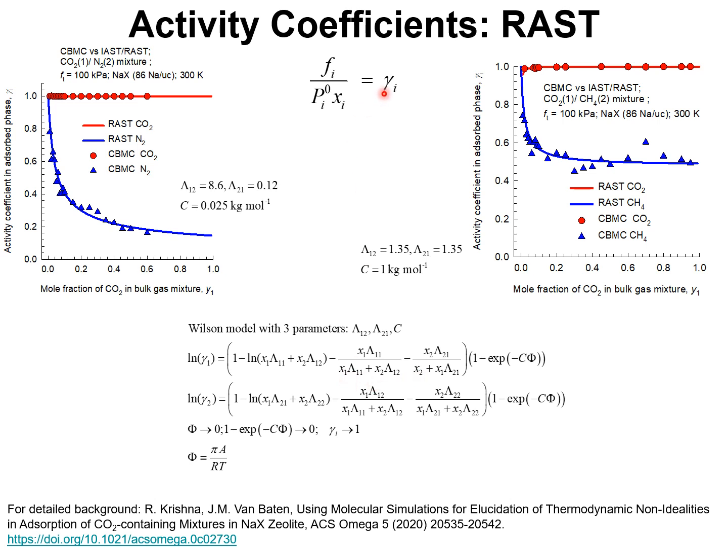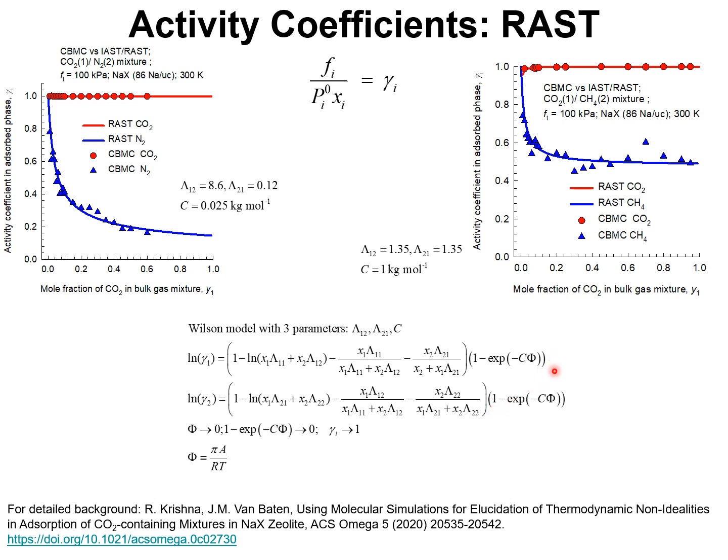But the activity coefficient is also a function of the surface potential phi. The activity coefficient model may be chosen to be the Wilson model, such as shown here, with two parameters, lambda 1,2 and lambda 2,1, along with a parameter c.